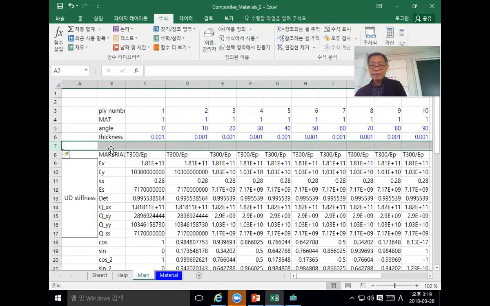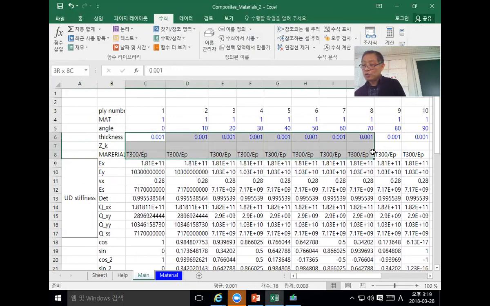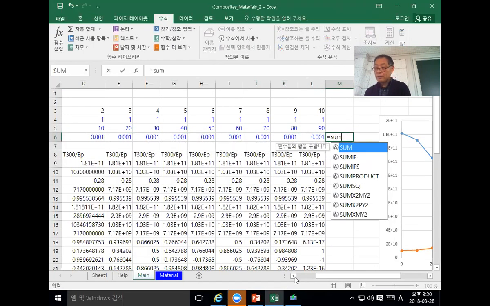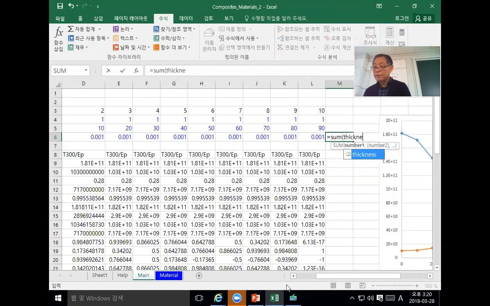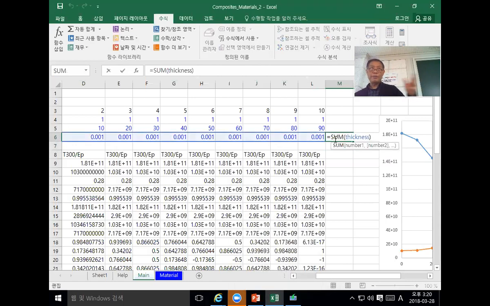Now, how do we define z? I will call it z_k. z_k starts from the bottom, z1, z2, z3, and so on, up to the top. To calculate z_k, we need to calculate the total thickness by summing them up.